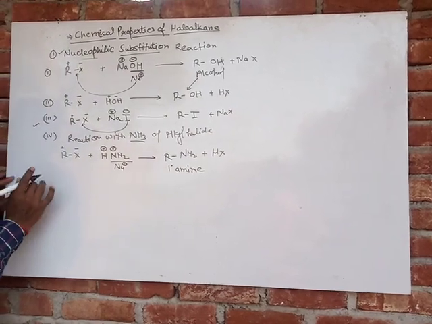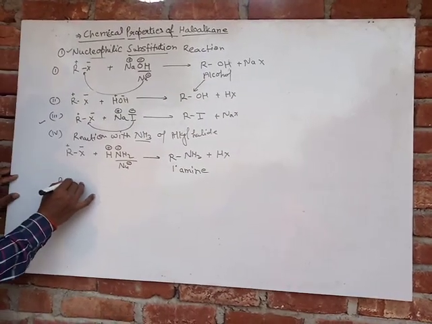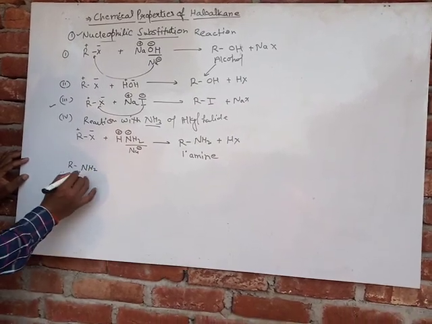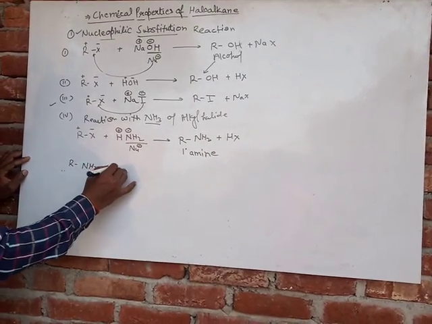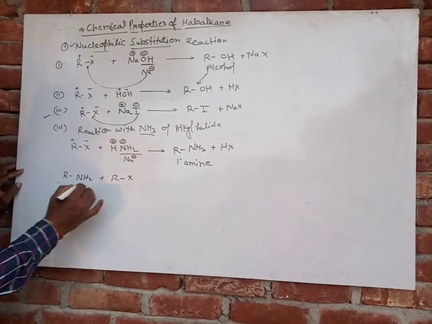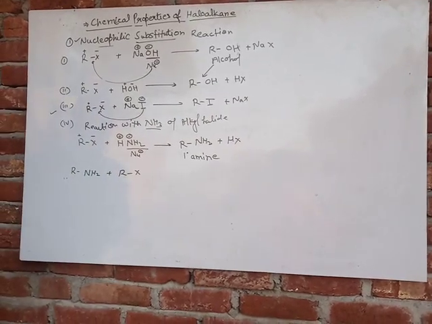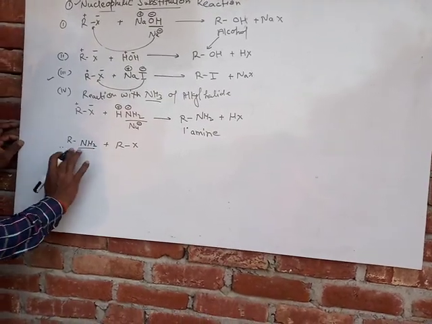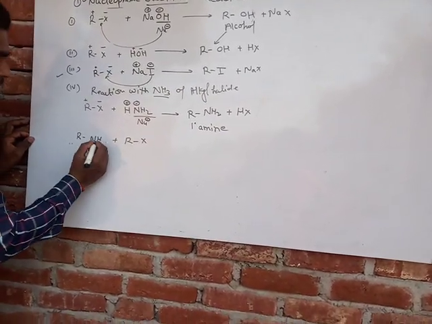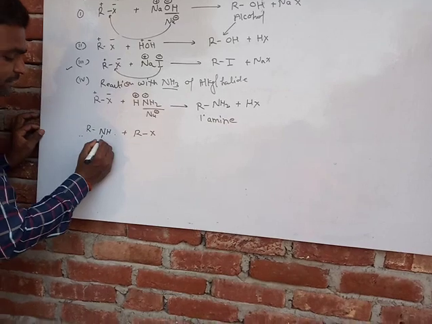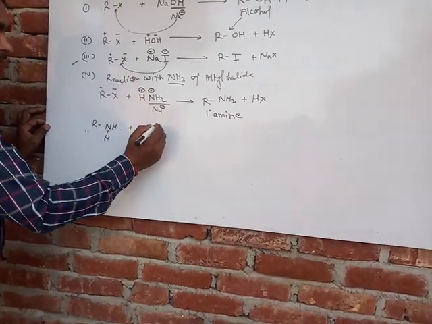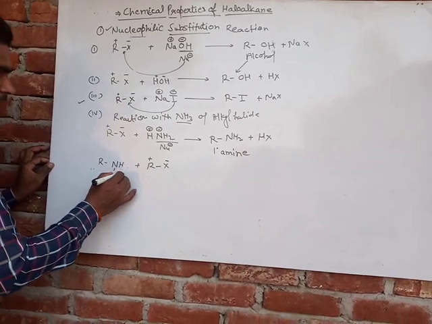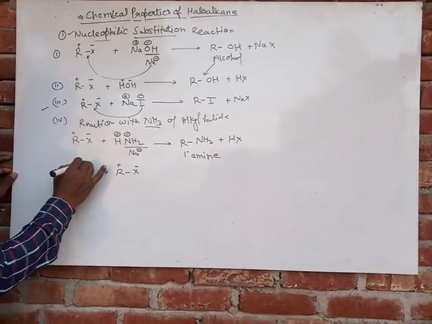And when the primary amine RNH2 further reacts with RX, the second molecule of the alkyl halide, then RNH2 is written as RNH and H, and RX as R plus and X minus.